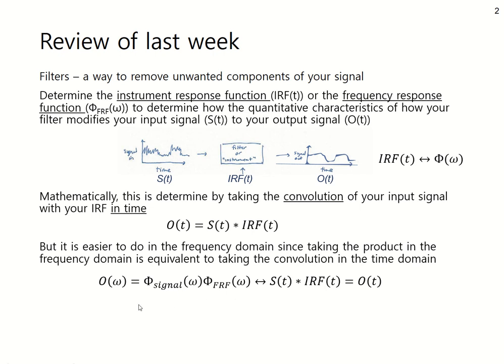Because of this, it's a lot easier to take a product as opposed to doing the convolution, where it's a product and an integral. Oftentimes it's much easier to characterize the frequency response function and how it's modifying your signal to get the output signal in the frequency domain, and then just performing the Fourier transform to get it into the time domain. So that's why with the low-pass filter we talked about the frequency response function first before talking about the instrument response function.